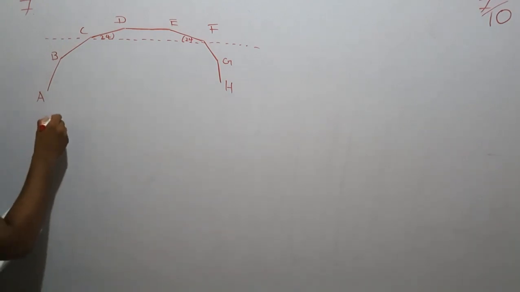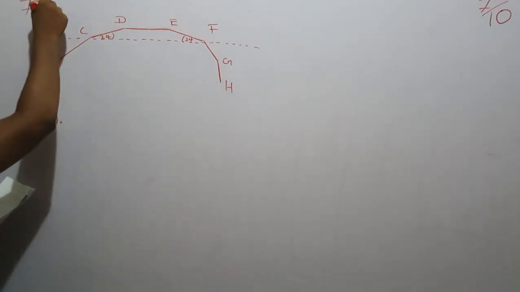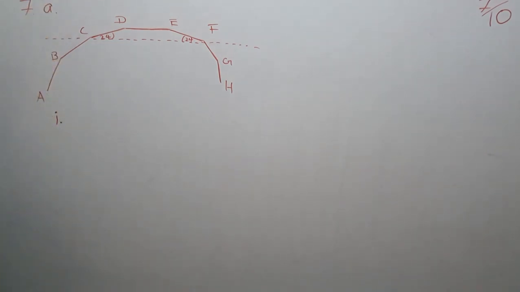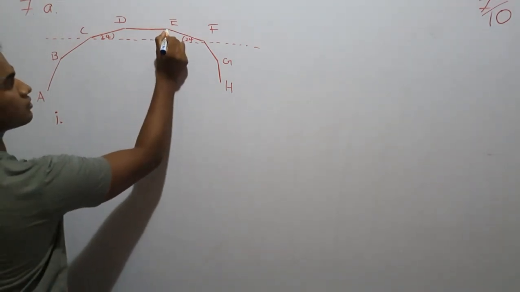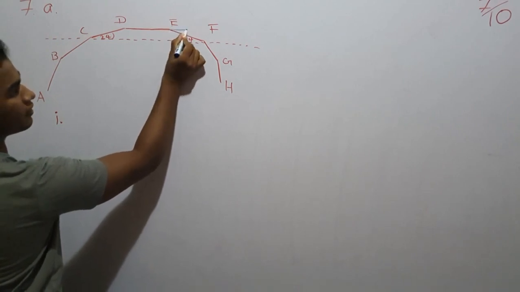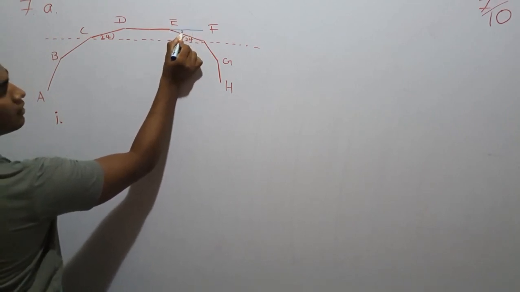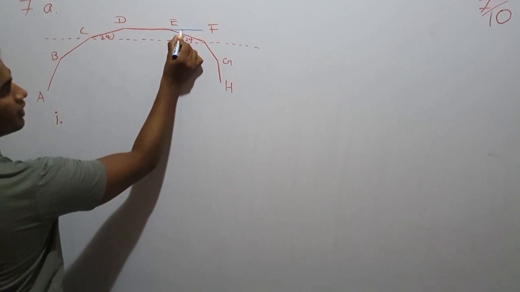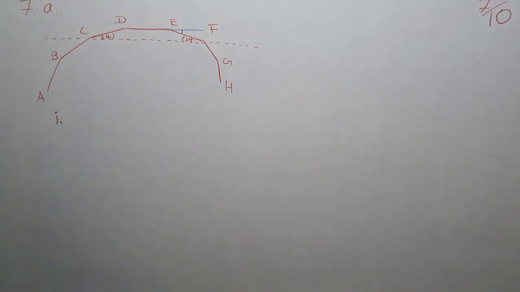So Roman numeral 1, part A, Roman numeral 1. Now to find the number of sides, we should know the exterior angle. Now what is meant by the exterior angle is like this. When you draw a straight line, the angle between is called the exterior angle.